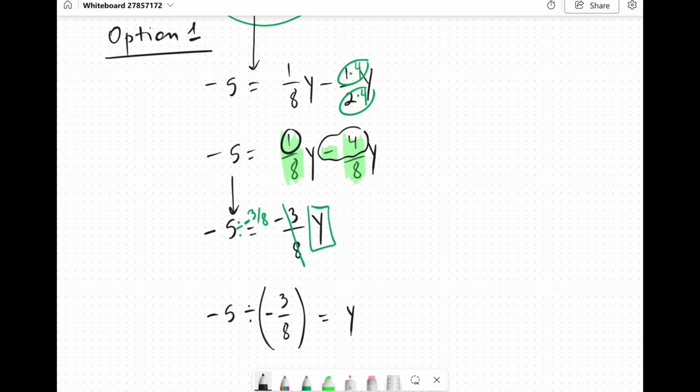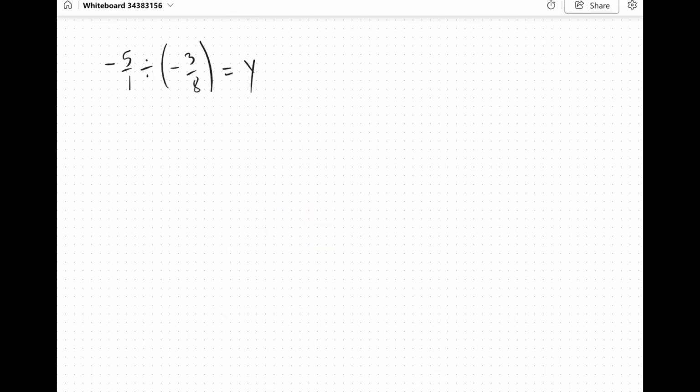Here you need to remember what we do to divide fraction by fraction. Now, -5 isn't a fraction, but we can easily make it into 1 by putting it over 1. So you have -5/1 divided by -3/8. As a reminder, to divide a fraction by a fraction, you will be performing what I call keep, change, flip.